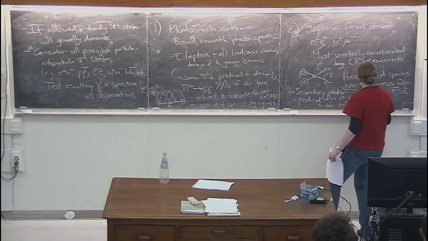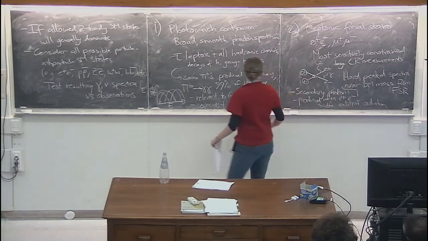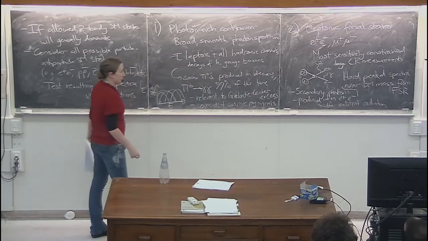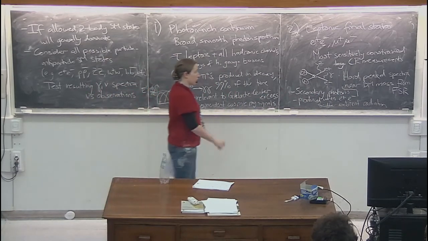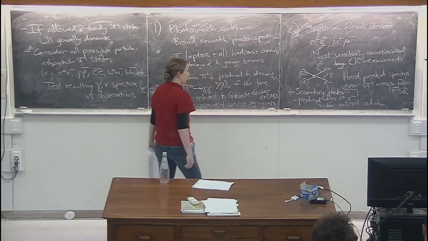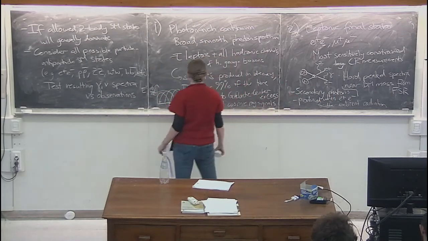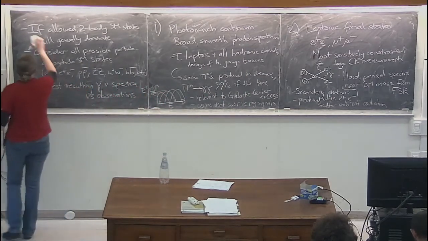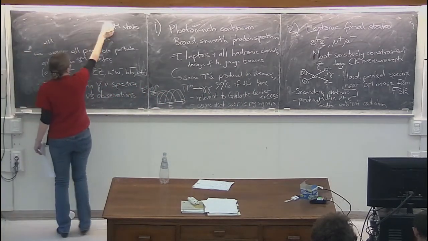So these secondary photons can potentially be a big signal and pretty important, but they're often neglected just to be conservative, because to take them into account you have to know how the cosmic rays propagate. And then you get back to the issue of having to model cosmic ray propagation through our galaxy.